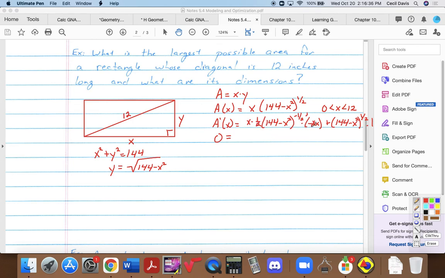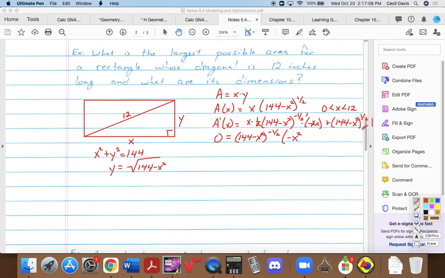So the 2 and the 1/2 multiply together to be 1. And I'm going to factor out, remember, you factor out the lowest common factor. So that'll be 144 minus x squared to the negative 1/2. When I factor that out, all I'll be left with here will be a negative x squared.